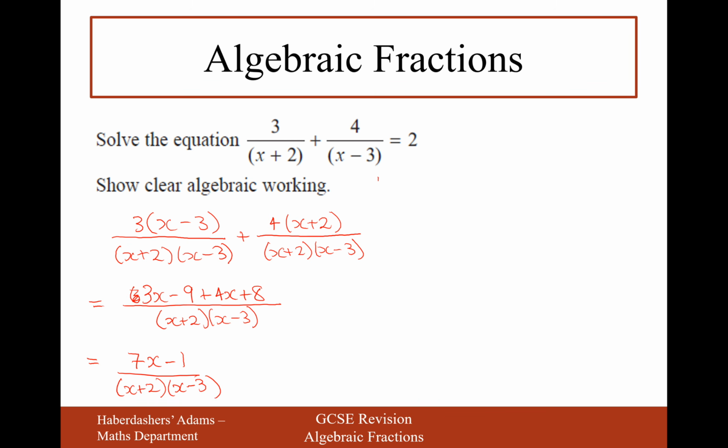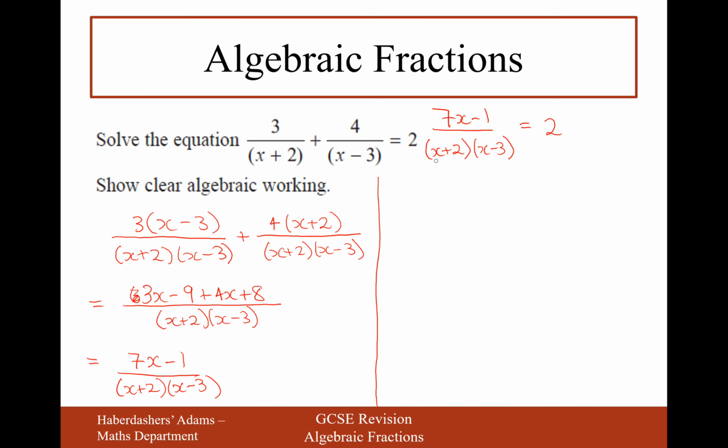Right, so we've added the two fractions together now. Now we need to solve this equal to 2. So it's going to be 7x minus 1 over x plus 2, x minus 3 equals 2.